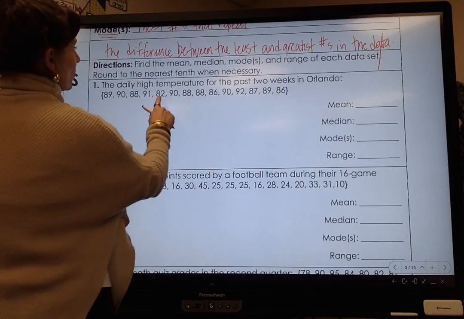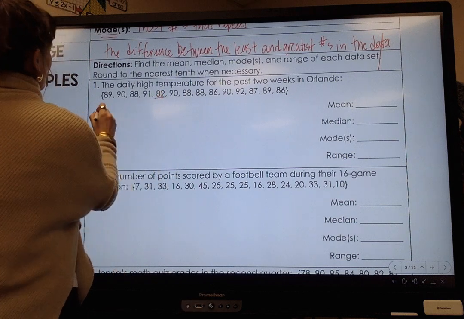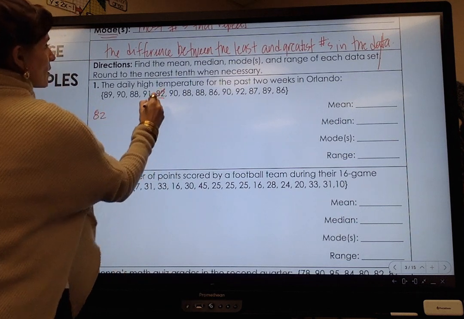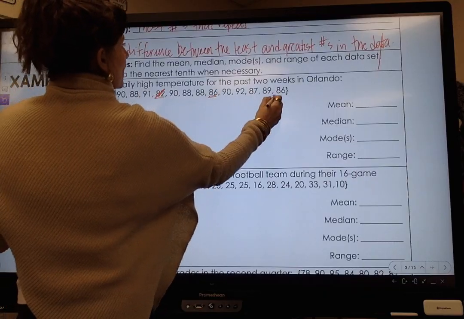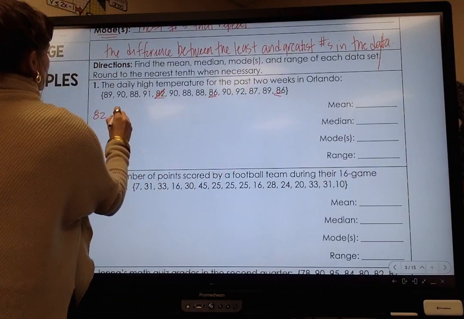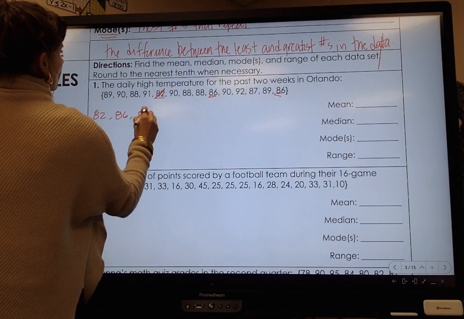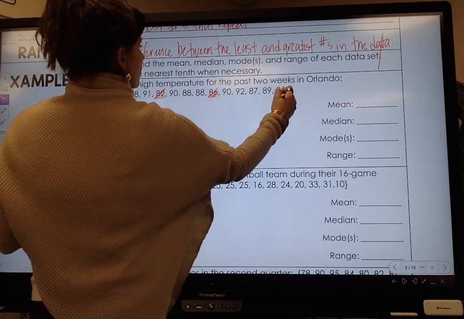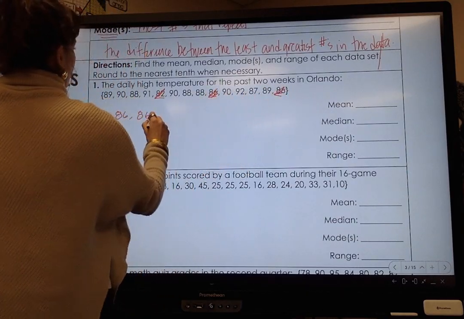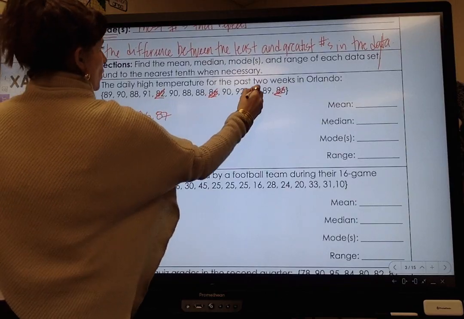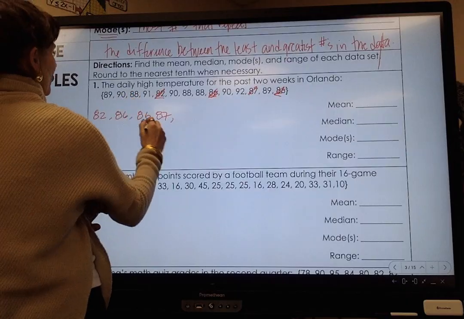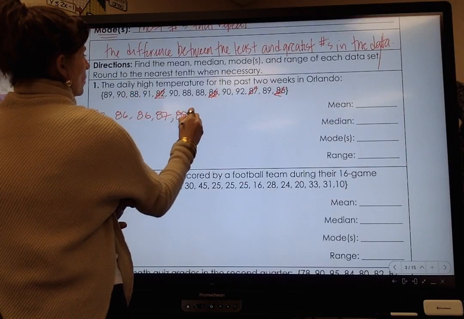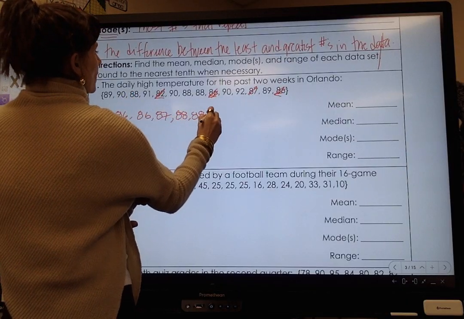So I'm going to start with, I got an 82, and I'm going to cross it off. I have an 86 and an 86, so I have 2 86s. I'm going to cross off the 86s. I have an 87, I'm going to cross it off. I have 1, 2, 3 88s.